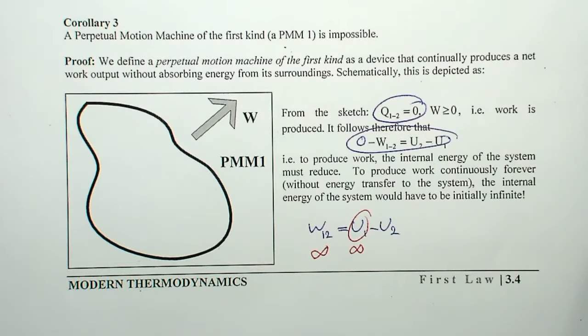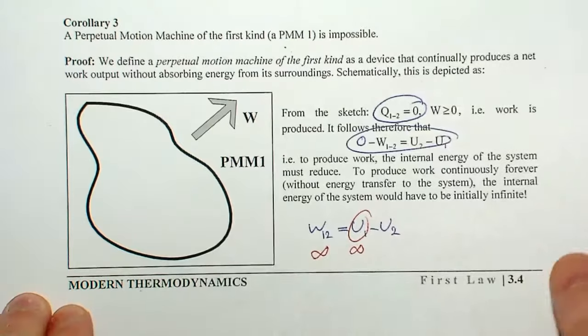And we know that that doesn't exist. And as a result, PMM1 really can't exist, and this is the third corollary of the first law. Any questions so far?